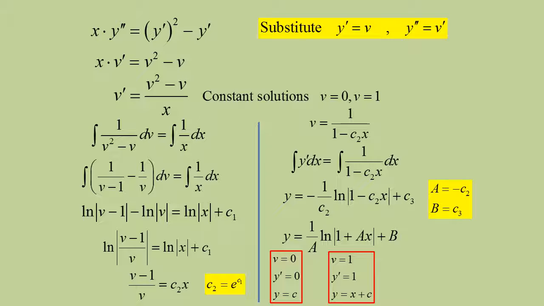However, this one, y equals x plus c, is also a new one. So our answer would be y equals 1 over a ln 1 plus ax plus b, or y equals c, or y equals x plus c. I'm not going to pull up the graph, but this is just something that you can do on your own.